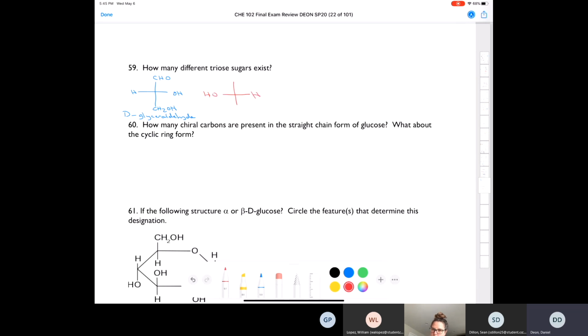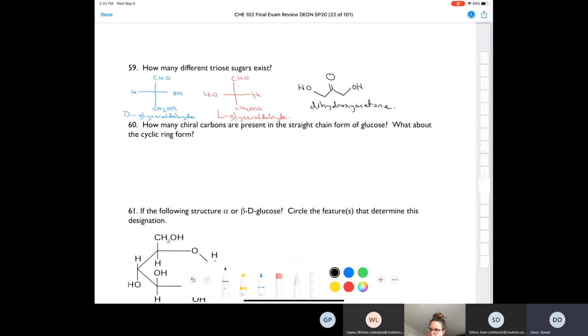So I'll just draw that out here. This is the enantiomer, and again, you don't have to have this memorized, glyceraldehyde. And then the last one is that you can have dihydroxyacetone, which is this compound here. Again, I repeat, you would not have to have these memorized.